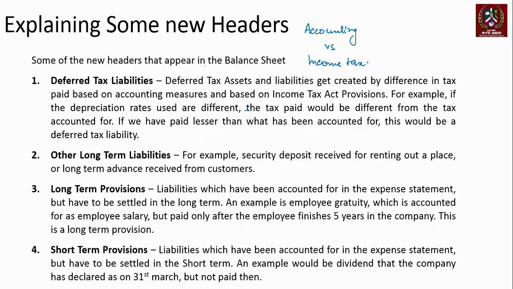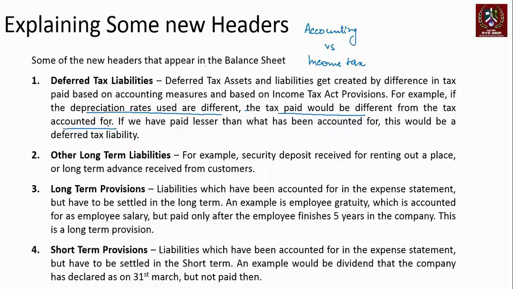Just to give an example, if the company chooses to take a certain depreciation rate for a certain asset, but the income tax department does not agree to that depreciation rate, they have their predefined depreciation rates. You could have different depreciation rates used, and because of this the tax paid would be different from the tax accounted for.